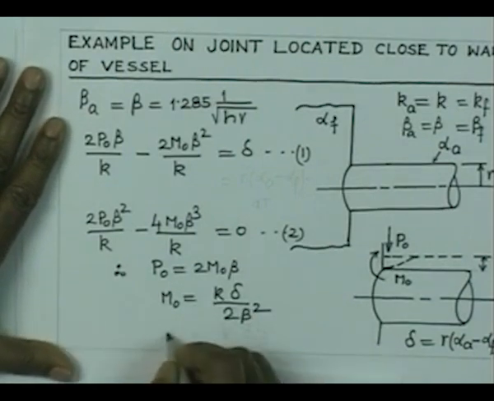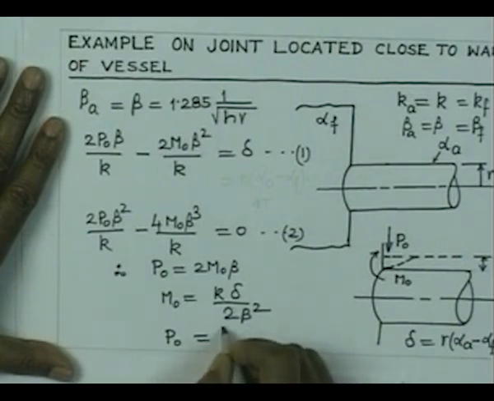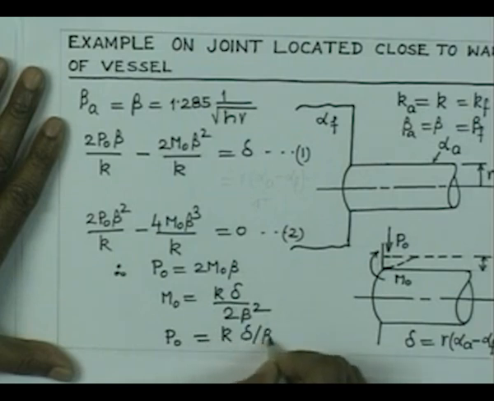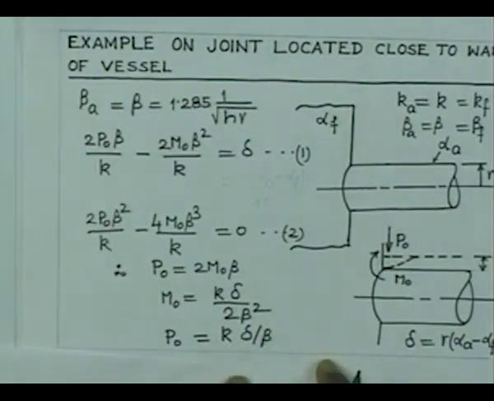These are the forces, wherein if we write the simplified form, substituting for M0, P0 is going to be K delta by beta.